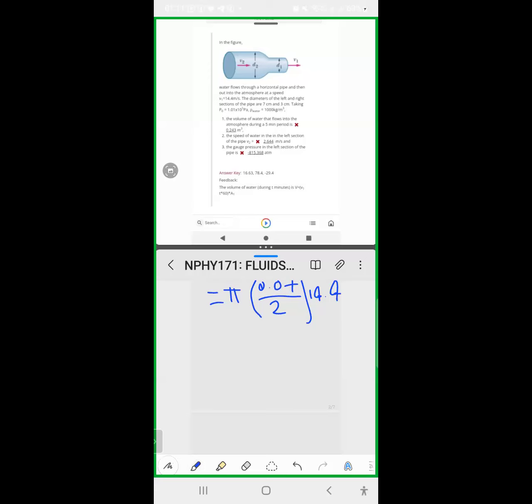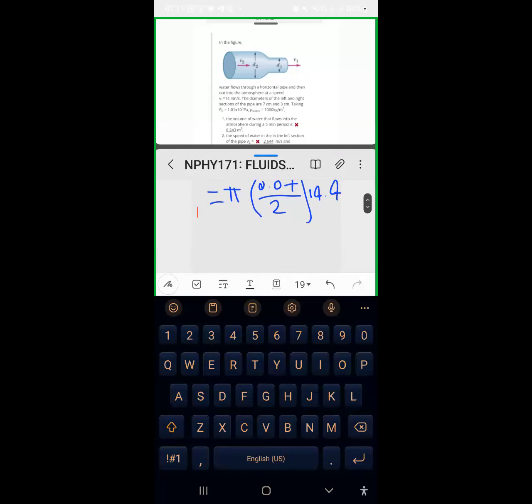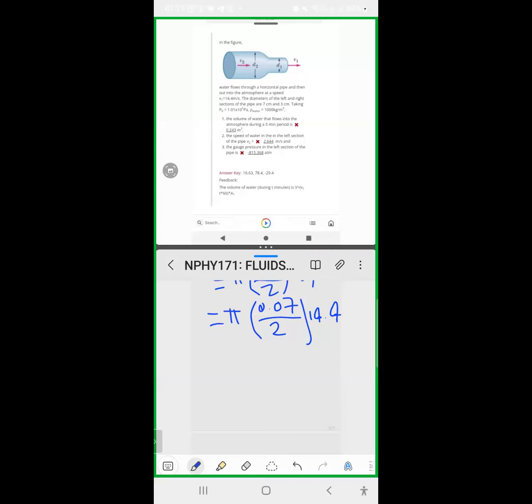We have pi, so that's going to be shift, then 0.07 divided by 2, and then squared. I forgot to put squared, pi r squared, and then multiplied by 14.4, which is V1.